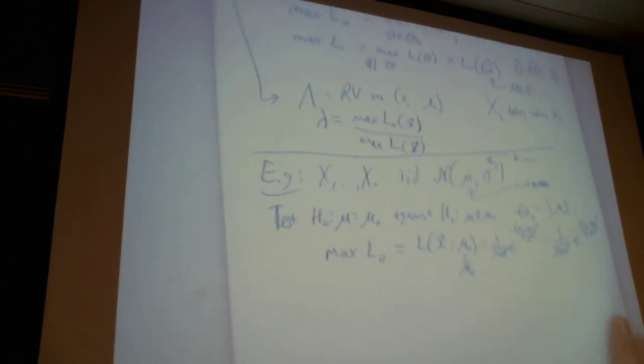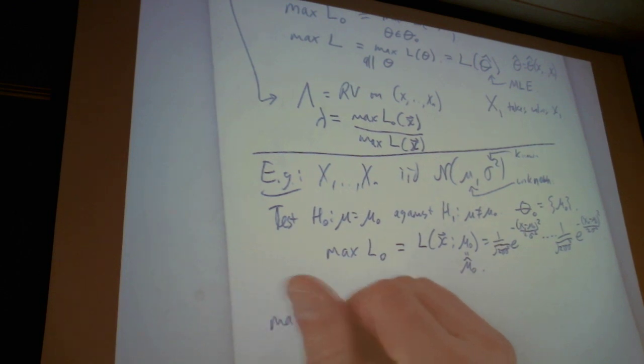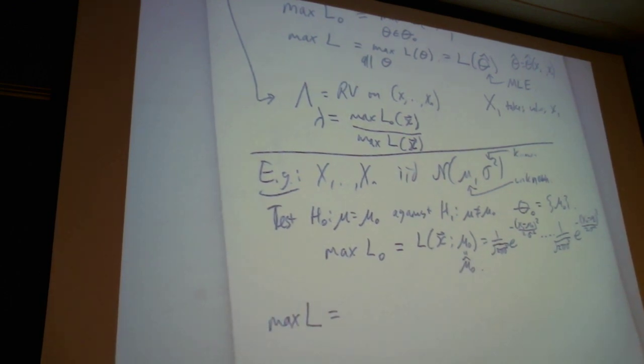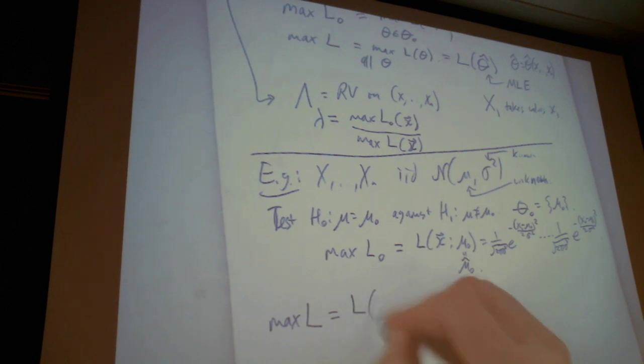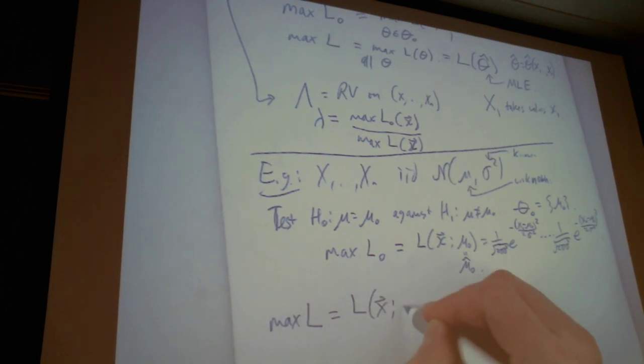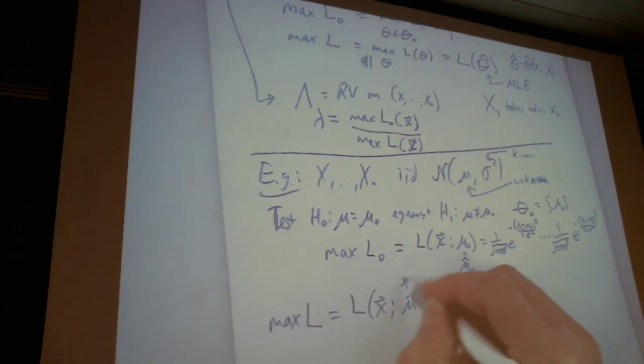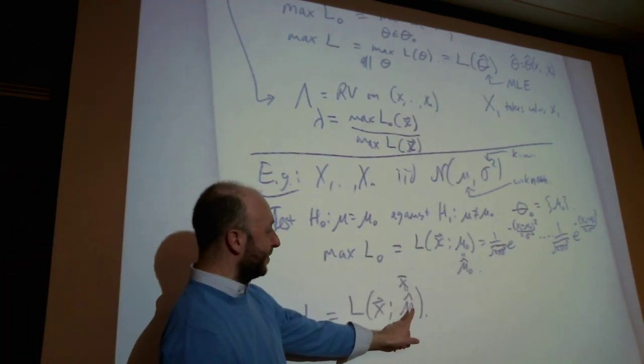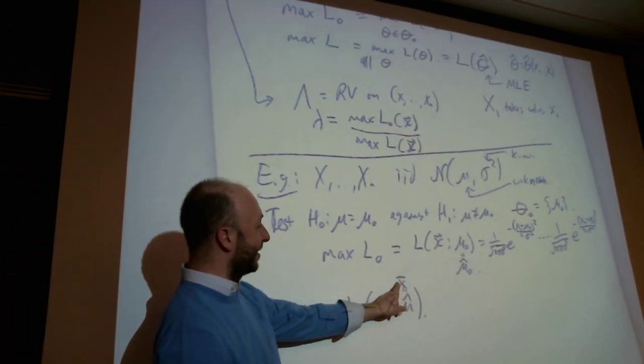What about max L? X bar. Yeah, the MLE. Exactly. On the midterm, we computed what the MLE was. So the mu hat is X bar. The maximum likelihood estimator is X bar.